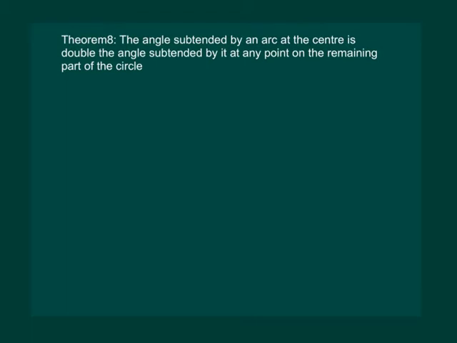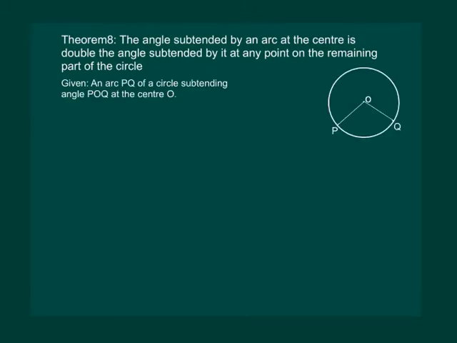We are now in a position to state and prove the following theorem. The angle subtended by an arc at the center is double the angle subtended by it at any point on the remaining part of the circle. We start with a circle with center O and let the arc PQ subtend angle POQ at the center.